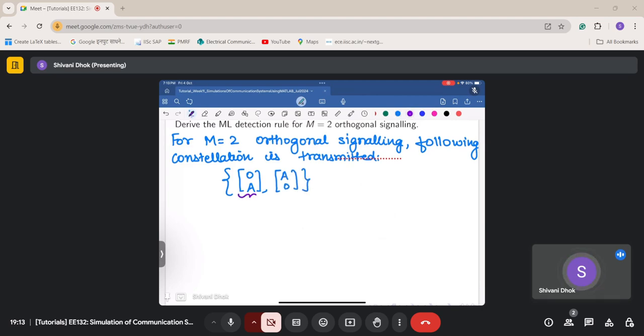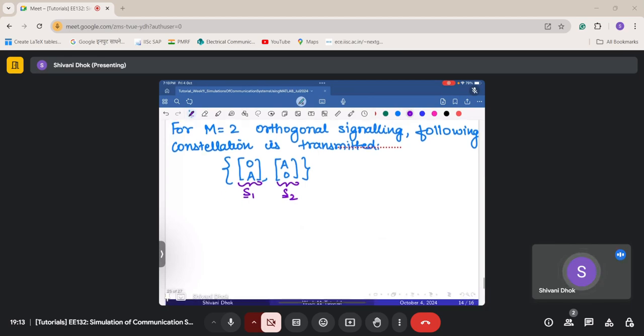So let's say this is my S1 and this is my S2. So what I will receive and what we will consider is each dimension.